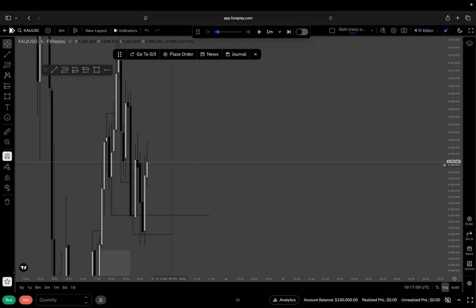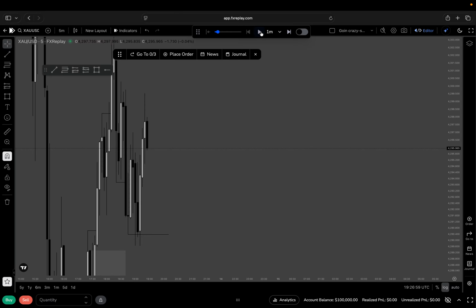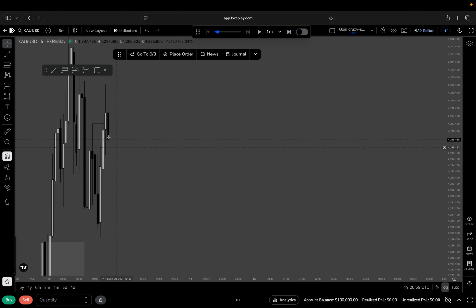We close below these lows, so I'll probably wait for something cleaner to present itself. We get a break here after taking out these lows.